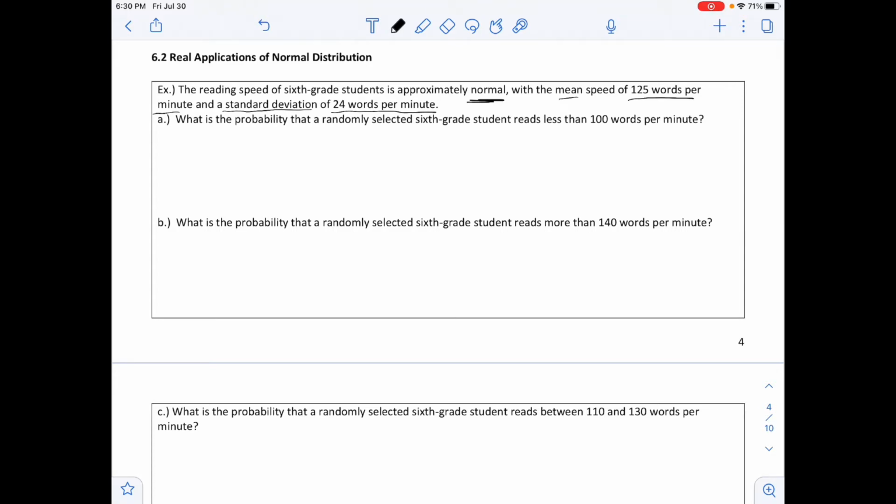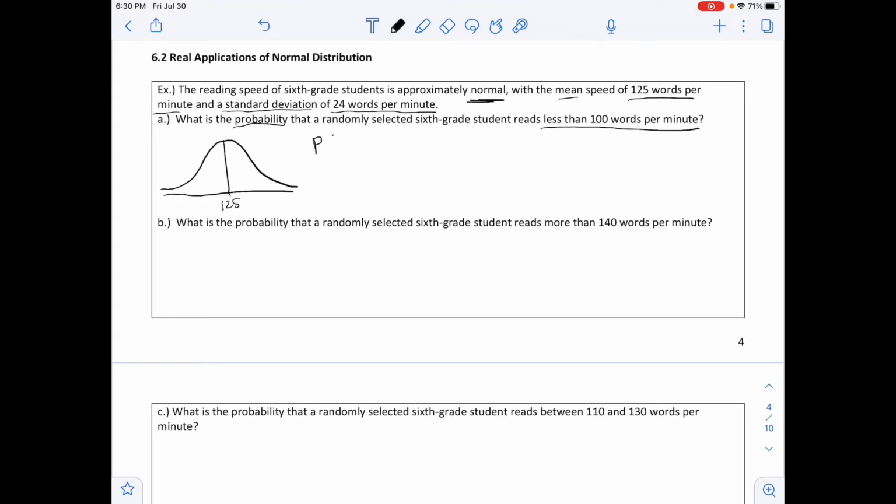Part A says, what is the probability that a randomly selected 6th grader will read less than 100 words per minute? I'm going to draw my bell-shaped curve, my normal curve, since I know this is a normal distribution. I also know that the mean is equal to 125, so I'll put that in the middle.